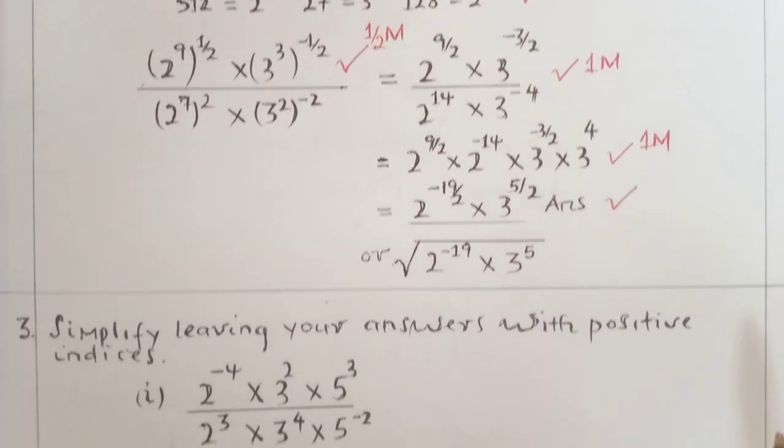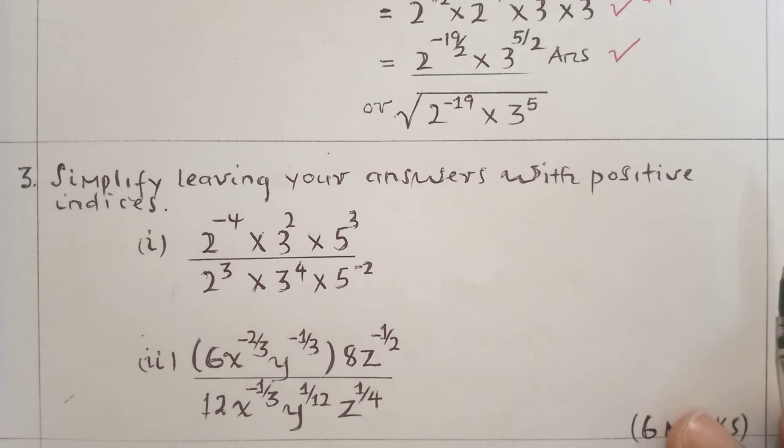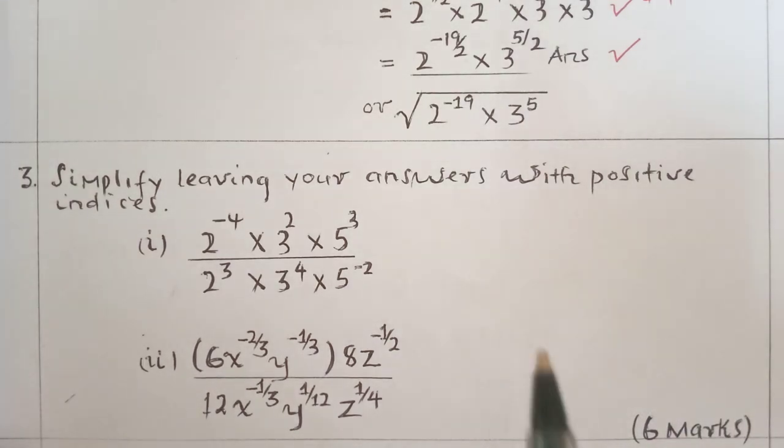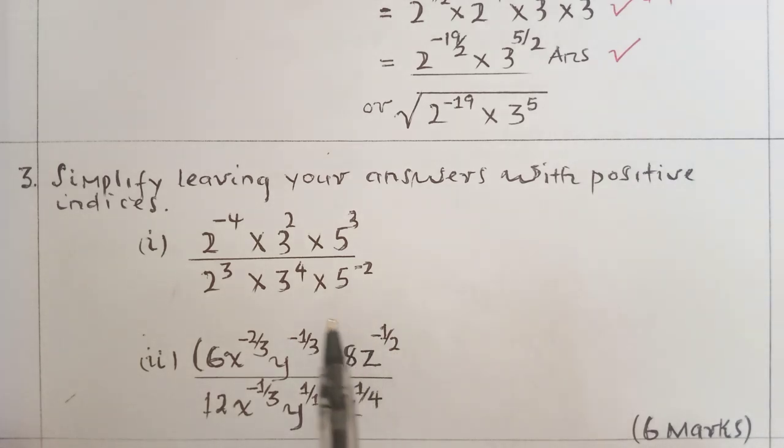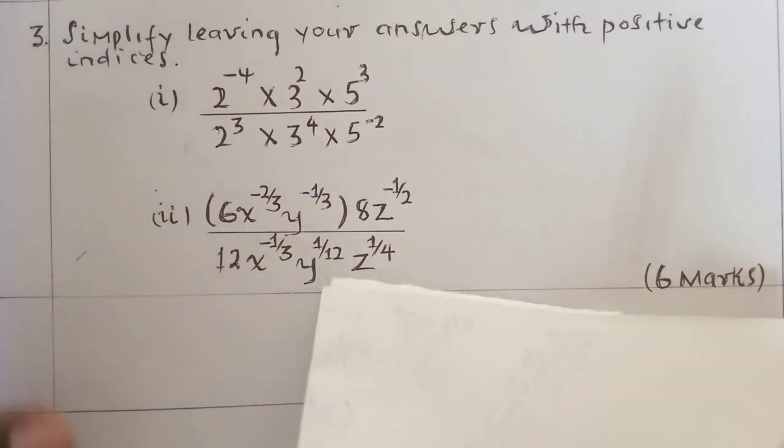Then there is a question here which says, simplify leaving your answer with positive indices. So I'll do one for you and then you can do the other for yourself. I can choose maybe to do this one because this one looks a bit difficult. So let's dive into it and see what we can do.